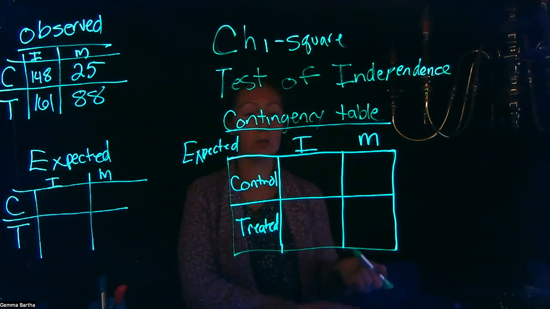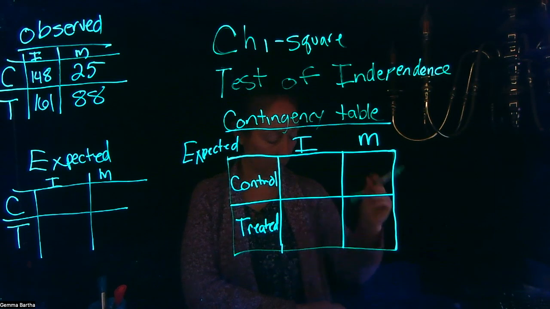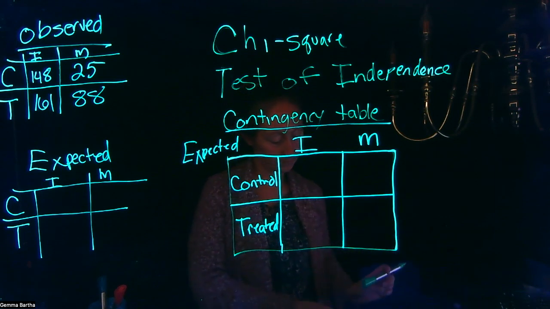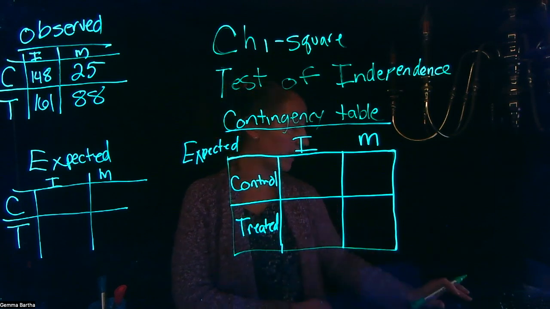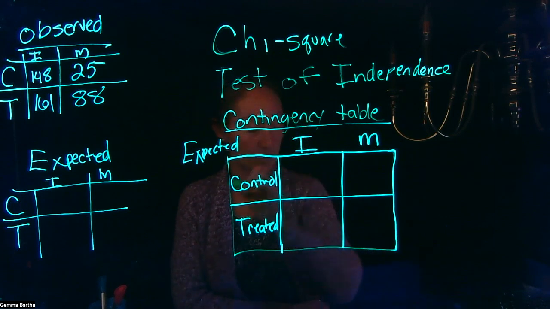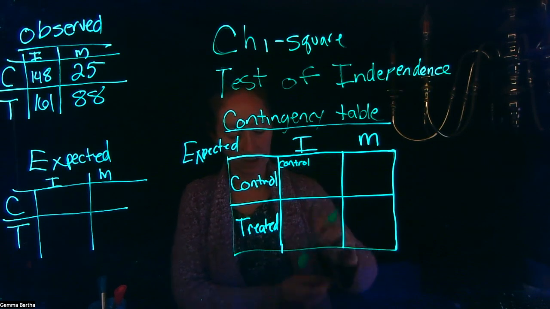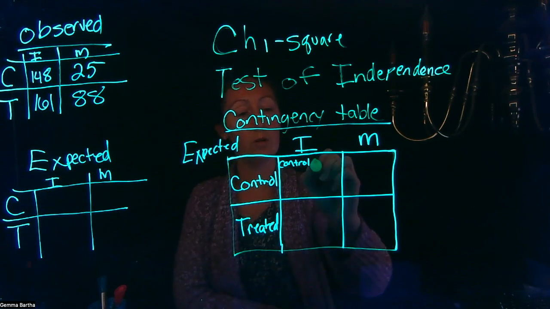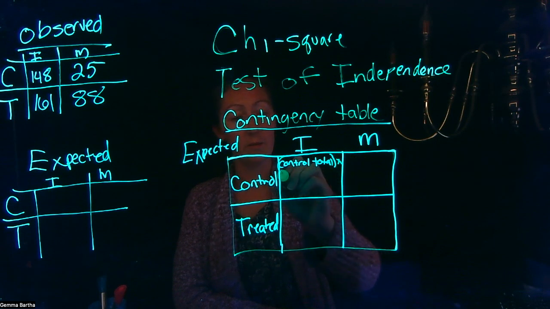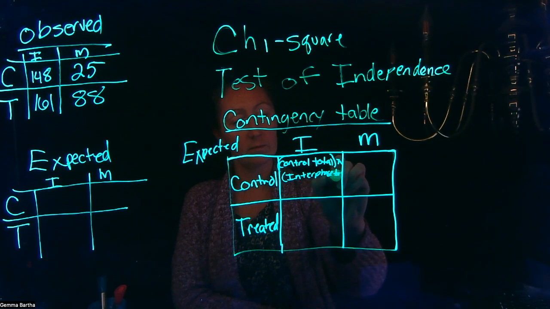In order to figure out interphase, and this is again found on 131, you want to do your control total times interphase total over total of all.